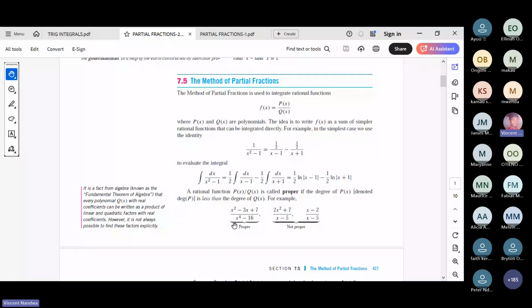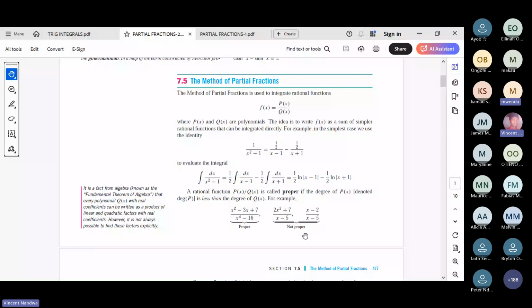Then these are the two fractions. 2x squared plus 7 is of which degree? From your SMA 103. 2. So the highest power of x is 2, so the numerator is of degree 2. And then the denominator, x minus 5, is a polynomial of which degree? 1, because the highest power of x is 1.